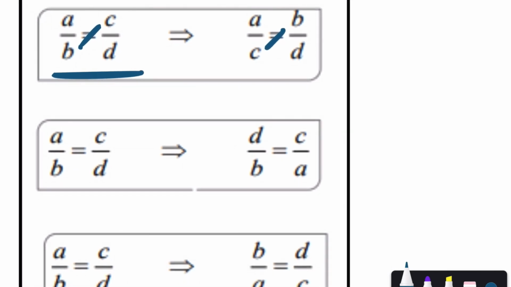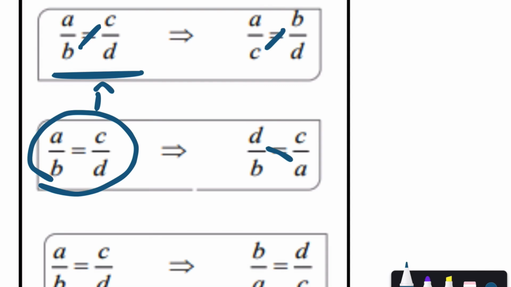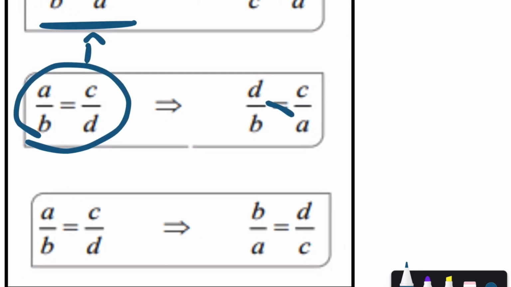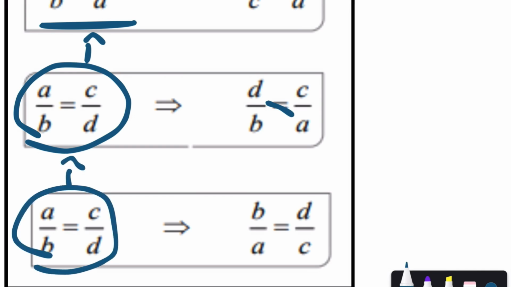This one, take a look at this. This is the exact same proportion to this one, and this time the placements of extremes have been changed, or they have been replaced, right?